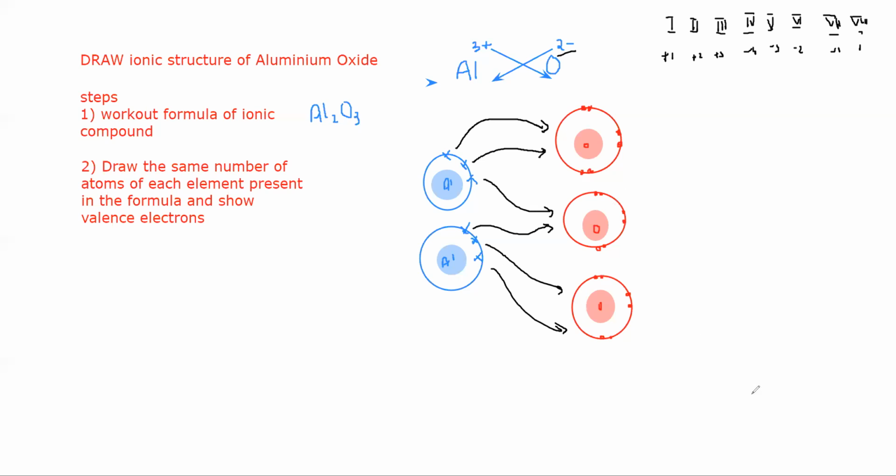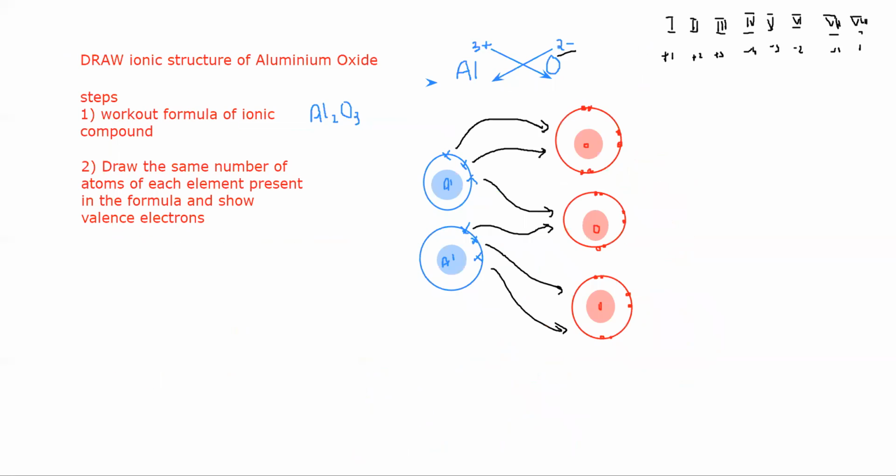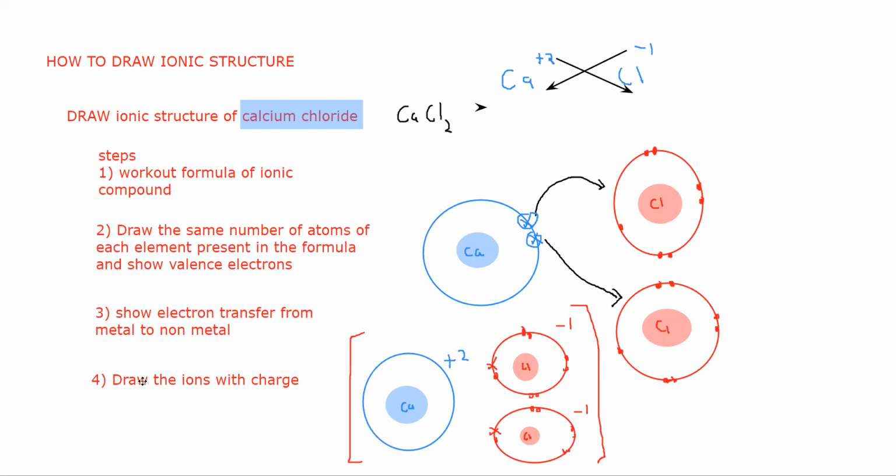So when there is a complete transfer of electrons, we show the electron transfer from metal to non-metal, and then at the last we draw the ions with the charge.